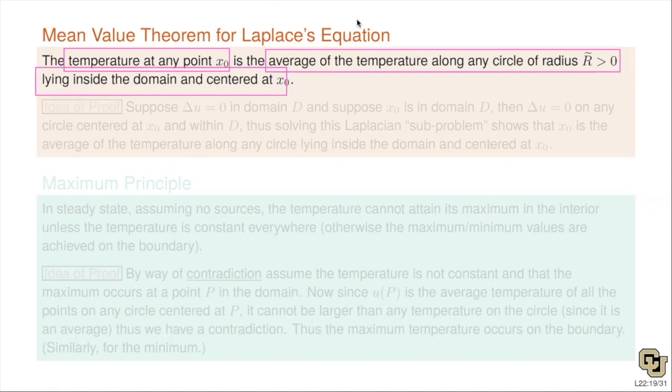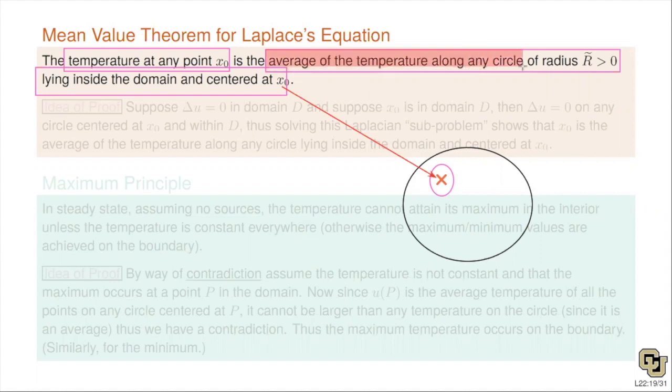So let me draw a picture. Here's our domain. We pick any point. We claim the temperature at that point: if you take any circle, and let's put a circle of radius r tilde around the point x naught at the center, then the temperature at this point, x naught, will be this average temperature along the edge of this circle.